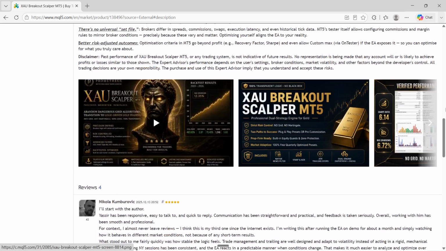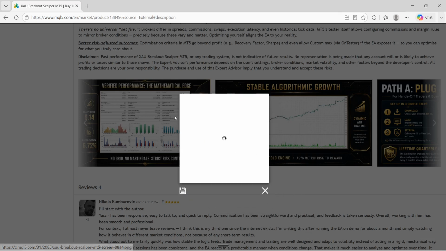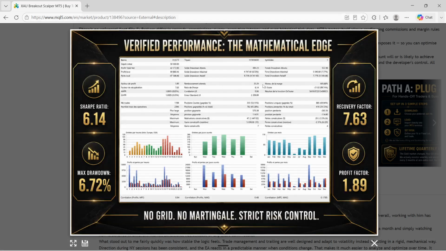Alright, so you have some screenshots on the developer site. You can see some results provided. Let's take a look at some of them. Okay, so you can see these results. For an initial deposit of $50,000, there was a total net profit of $42,272.